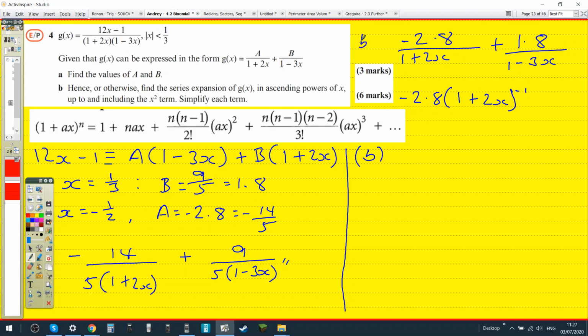And so that'll be 1 plus 2 times minus 1x, and then plus minus 1 times minus 1 over 2 factorial times 2x squared.